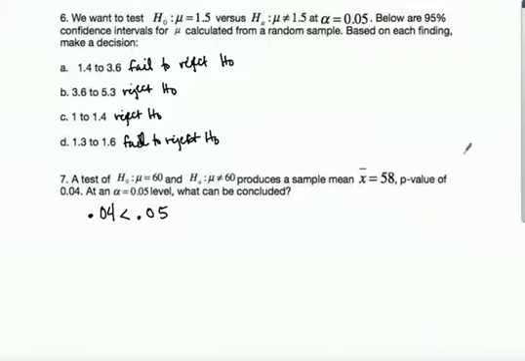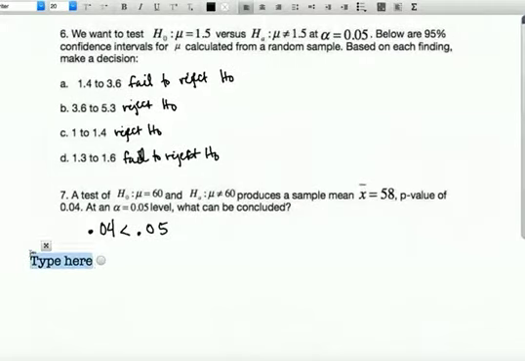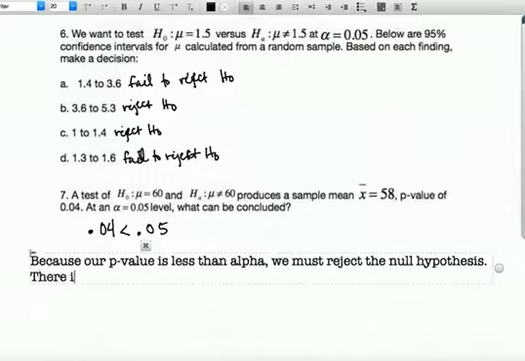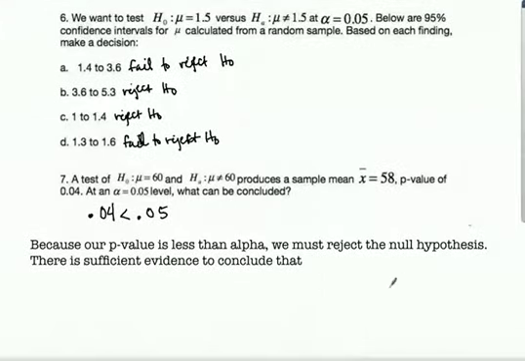So you might say something like this: because our p-value is less than alpha, we must reject the null hypothesis. What that's saying is there is sufficient evidence to conclude the alternative hypothesis, which is mu does not equal 60.